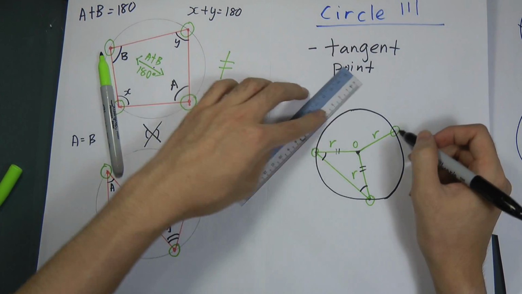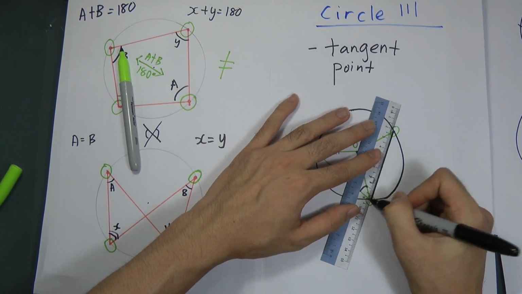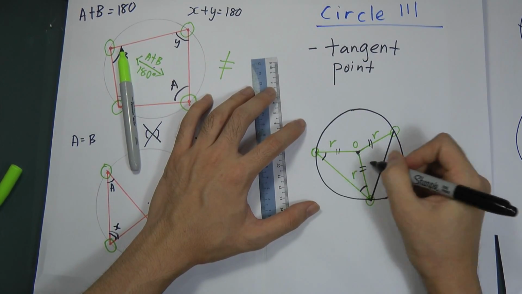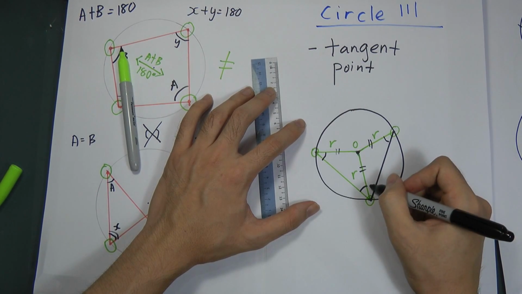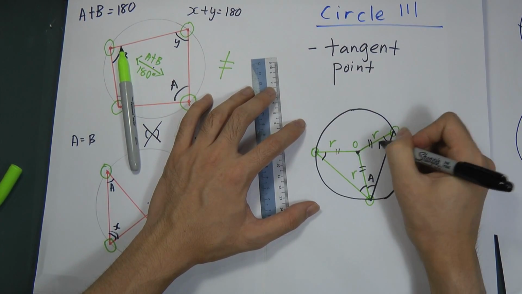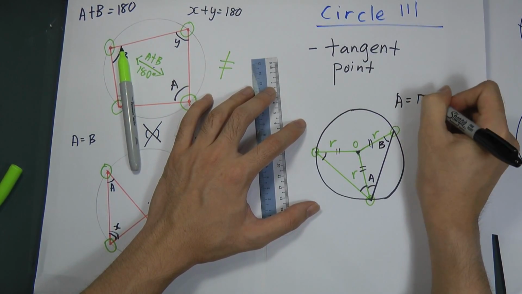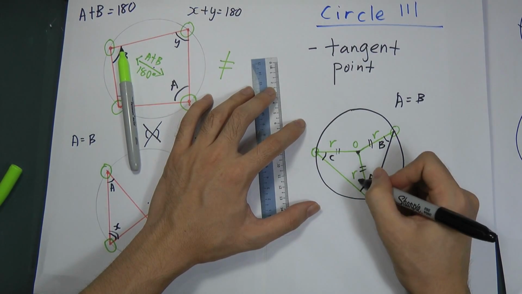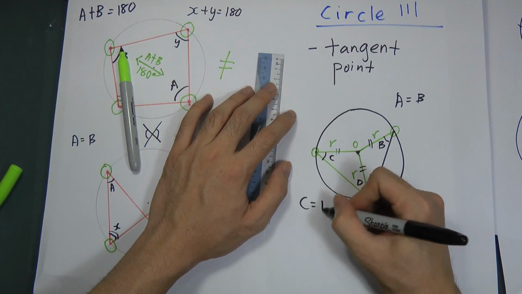If I connect these 2 points, we know this length and this length is the same. So angle A and angle B are the same. Angle C and angle D are the same.